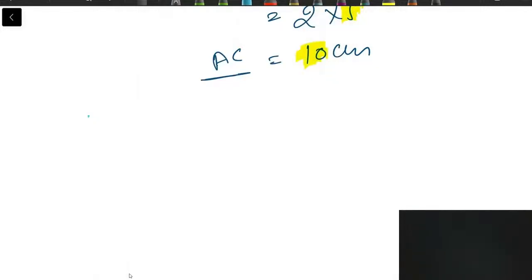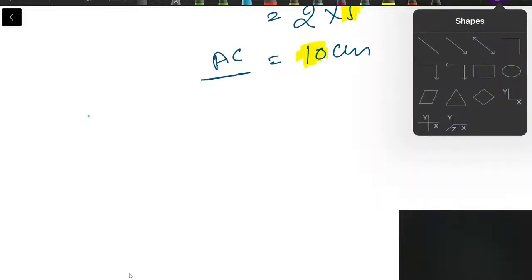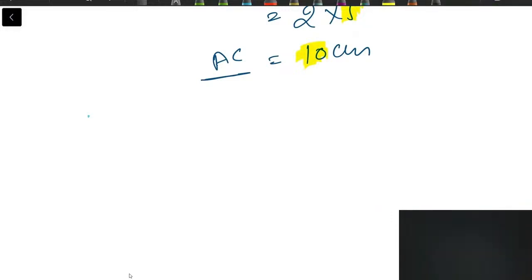Let's discuss another point. Parallel line and intersection line. Okay. So let's have a parallel line. What is a parallel line and what is an intersection line? I have a line, this is one line, and I have another line, this one.